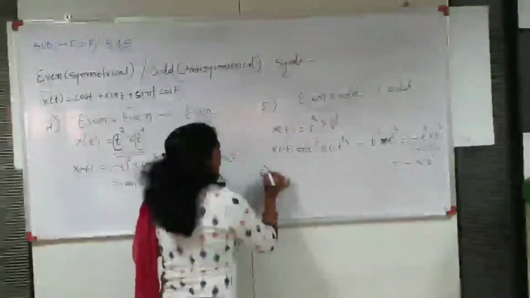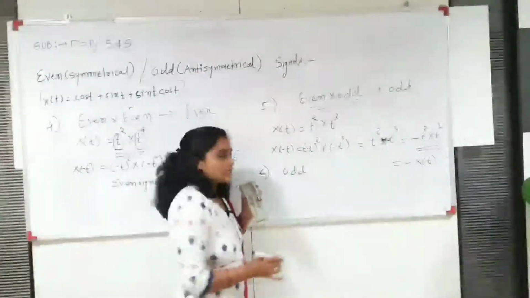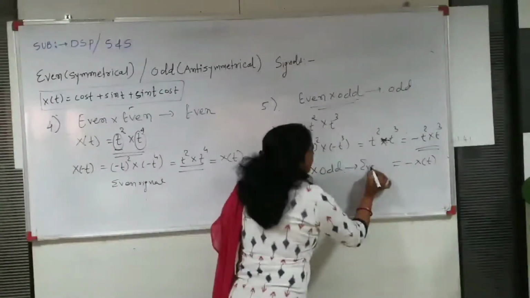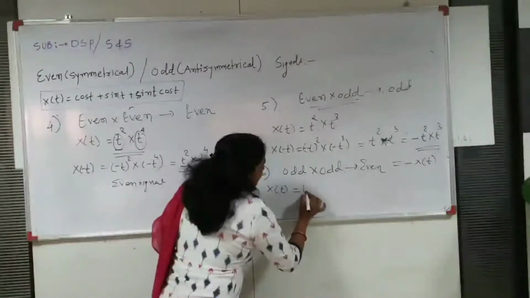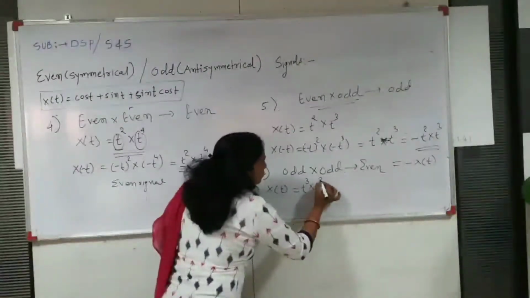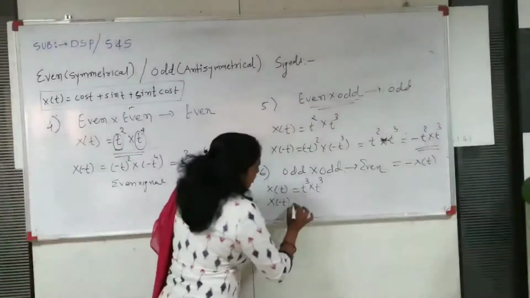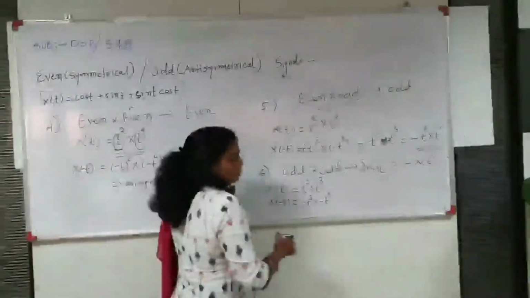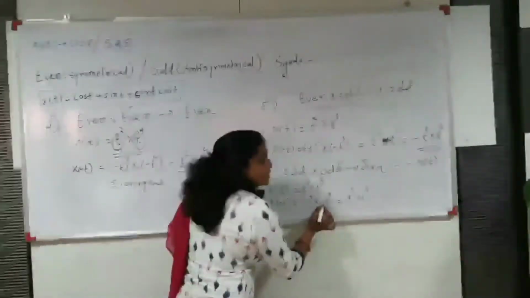Now the sixth property: whenever two signals are odd signals, odd into odd, it becomes an even signal. Let's take x of t equal to t cube into t cube. Now finding x of minus t, it becomes minus t cube into minus t cube. So it becomes t cube into t cube, because minus minus becomes plus.